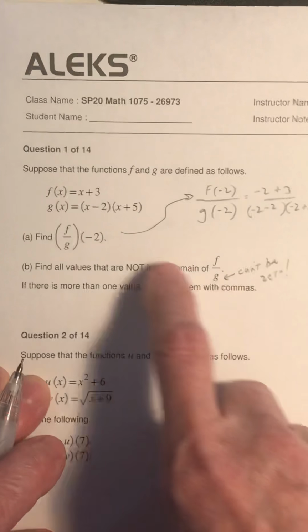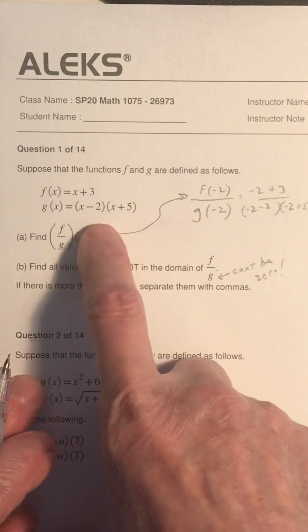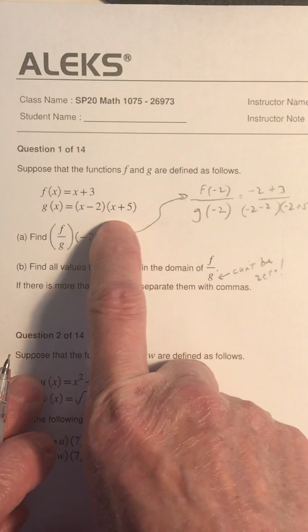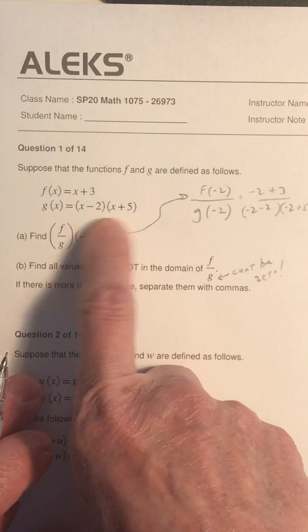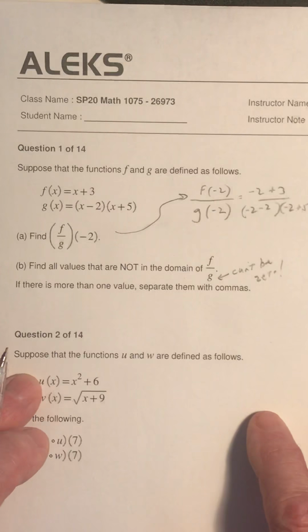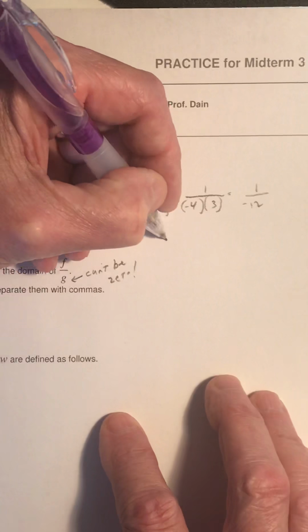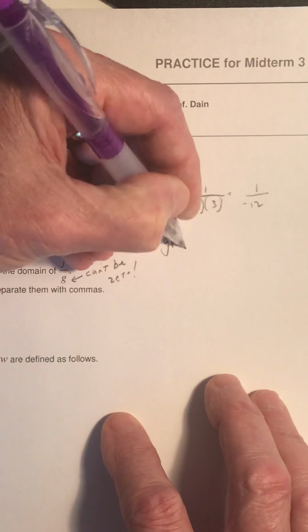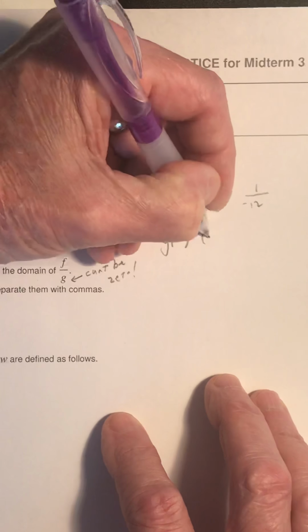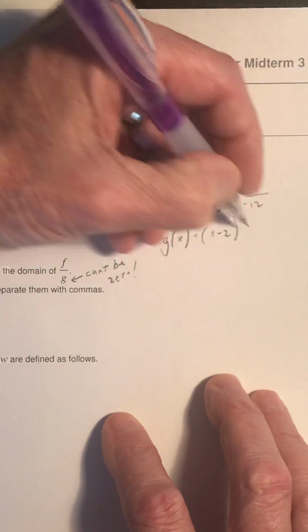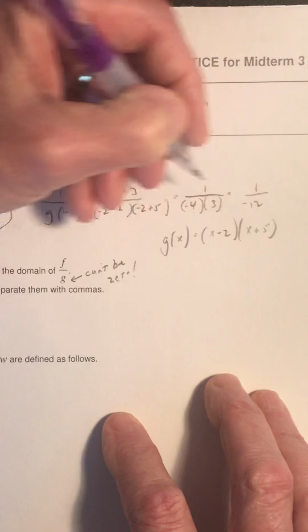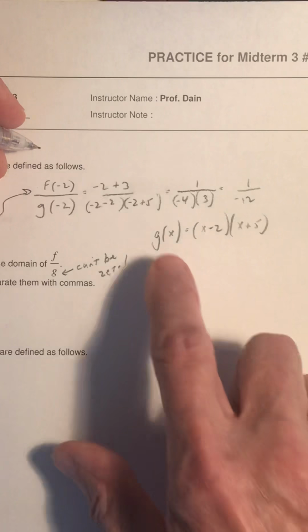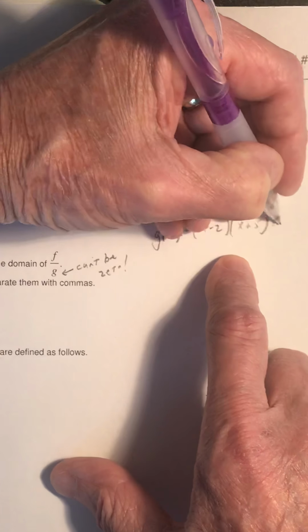So we look at the g of x function and think, when will this be 0? We want to exclude, kick out any x values that would cause this to equal 0. So if I rewrite that over here, and maybe this rewriting is not necessary, but I'm trying to explain it as carefully as possible. We want to know, when does this equal 0?